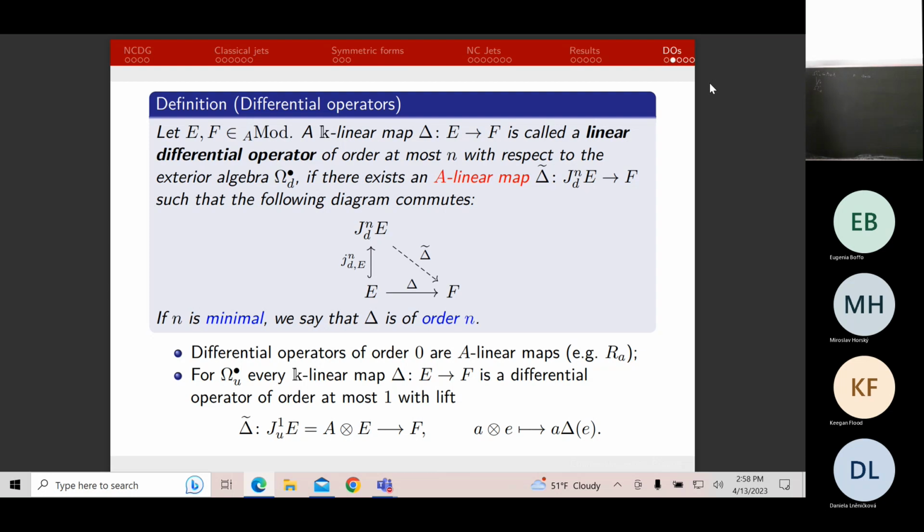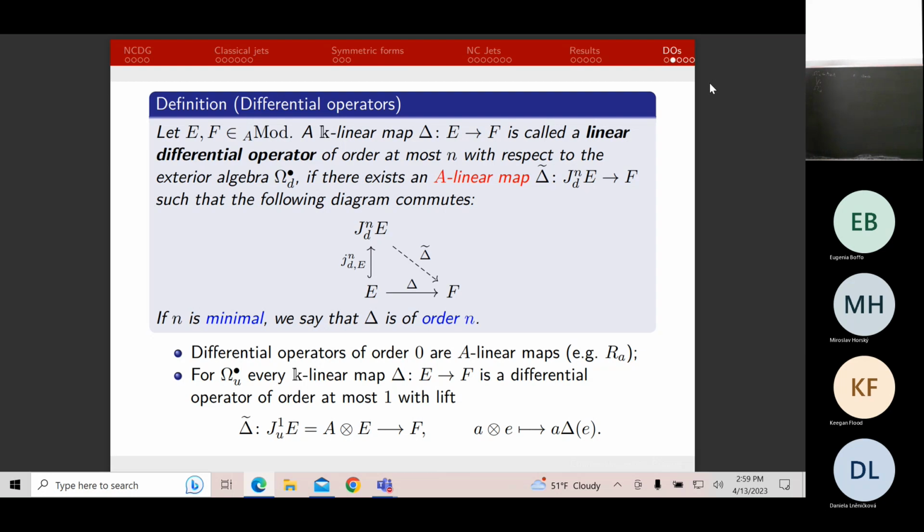So we take this definition of differential operator and we generalize it to the non-commutative case. We say that a k-linear map from E to F is a linear differential operator of order at most n when it admits an A-linear lift to the n-jet bundle via the jet relation.